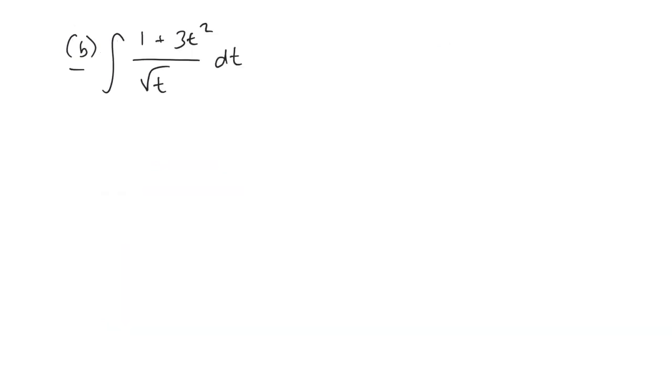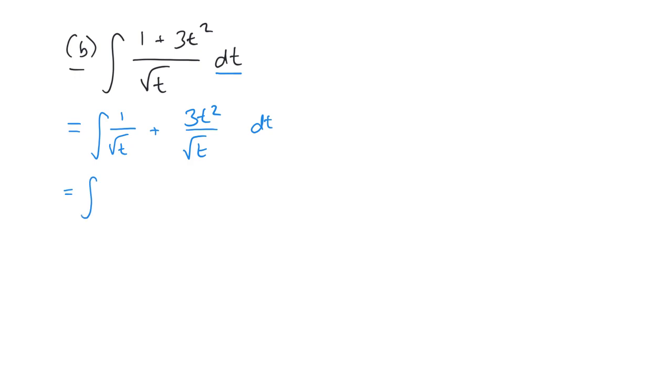In this one here with t's, you can see we have dt because we're integrating t's. You have to divide it up into 1 over root t plus 3t squared over root t. Root t is the same as t to the power of a half.